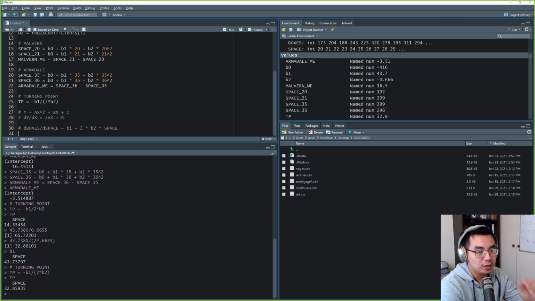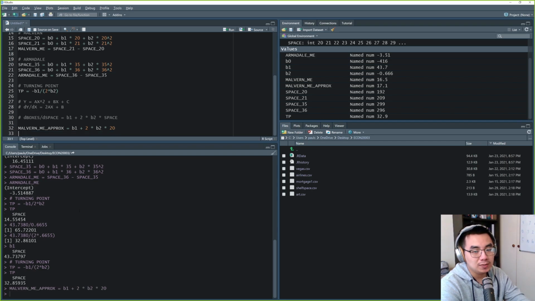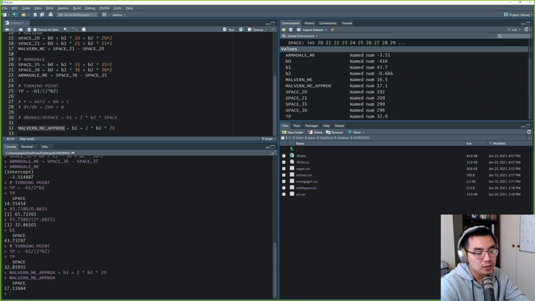If you wanted to find the approximate change for Malvern, so Malvern ME approx, you would do beta 1 plus 2 times beta 2 times 20. And you can see that they're fairly close, right? 16.5, 17.1. This would be the approximate change if you were using the derivative.